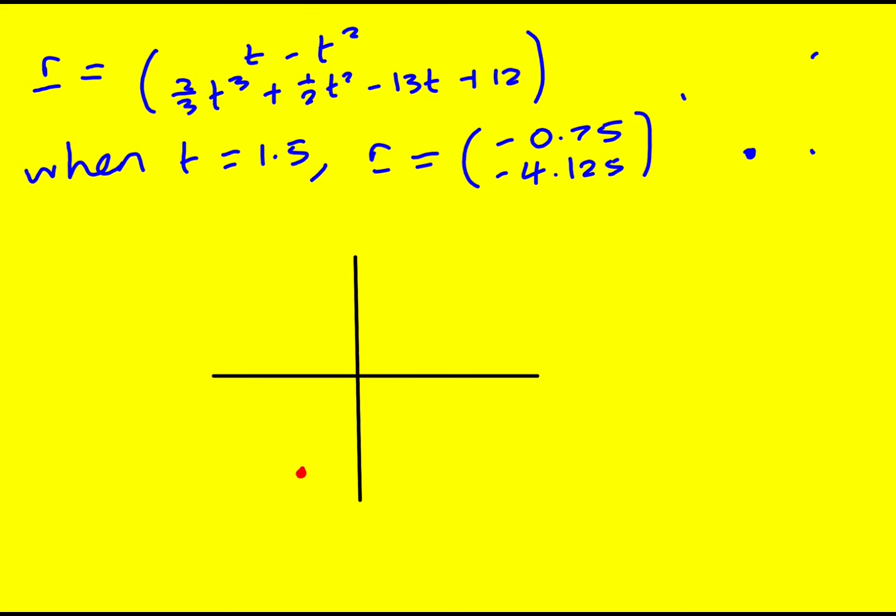Therefore, let's focus on finding this angle here. And I can just say that that length is 0.75, that one is 4.125, therefore tan x is 0.75 over 4.125.